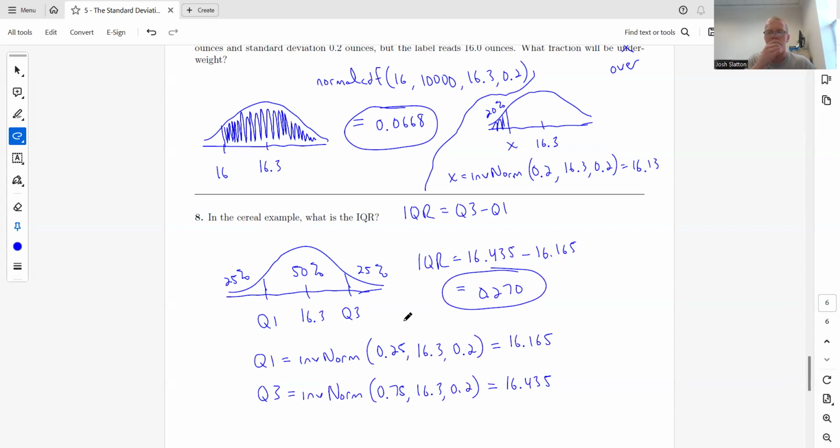If you have any questions on these, again, these are very important for what we're going to be doing the rest of the course. So it's very important to understand how to do these and be very comfortable doing them. If you get good at these, especially these last few on the calculator, it's really hard to be tricked.